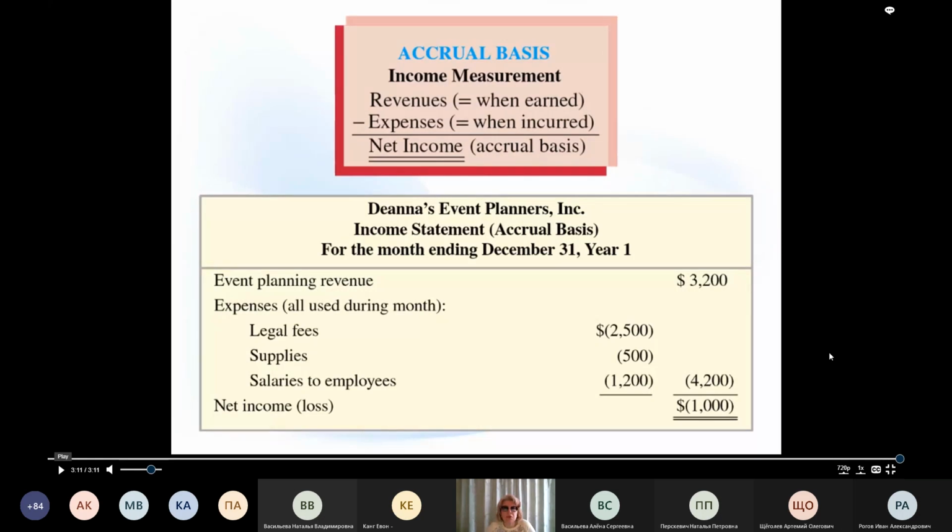The first approach, which we call the cash basis of accounting, considers that revenues are always equal to cash inflow and expenses to cash outflow. But this basis does not provide a fair view of the business itself, because business is not only cash inflow and outflow.